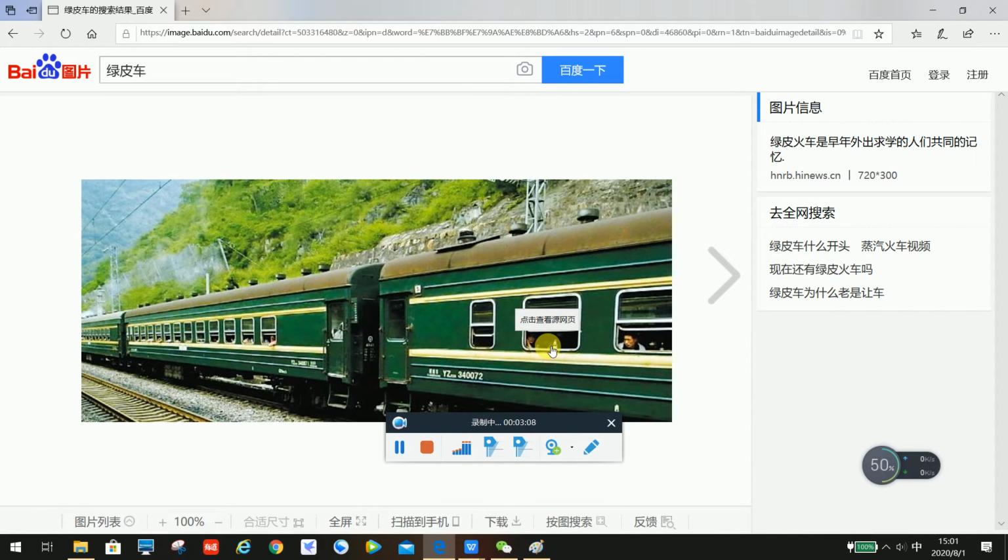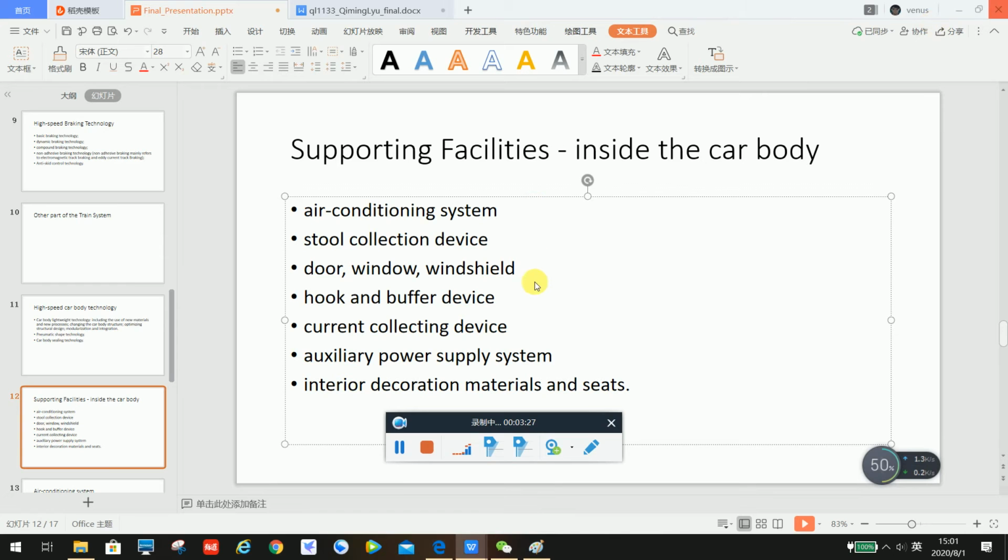It also has air conditioning, but the air conditioning is only for the temperature. It can only lower the temperature in the summer, but that's all. You can see they open the window. But in a 300 km per hour EMU train, we can't open the window, right?